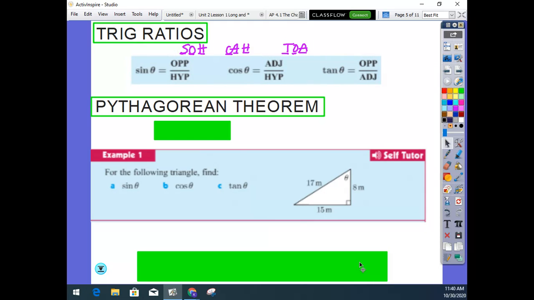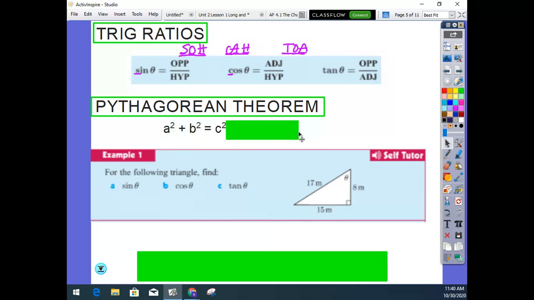So notice: sine is O over H, cosine is A over H, CAH, tangent is O over A, TOA. Something else you're going to have to remember how to use is the Pythagorean theorem. What is the Pythagorean theorem? A squared plus B squared equals C squared.